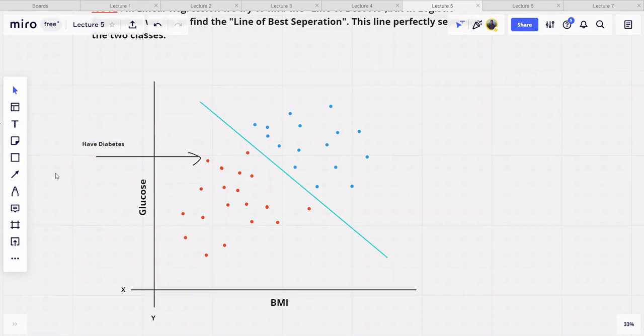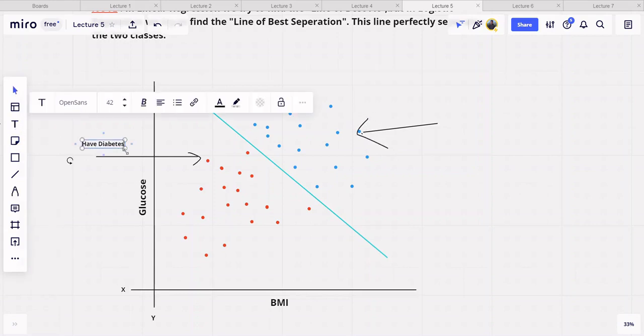Whereas all the people above this line, I think I just made a mistake here. All the people below this line will not have diabetes, whereas all the people above this threshold will have diabetes.